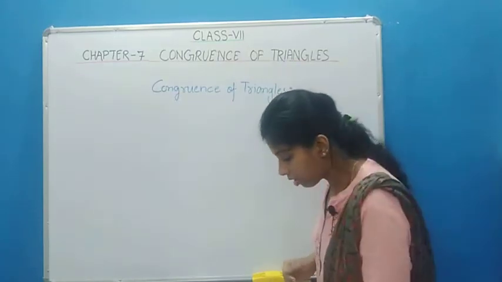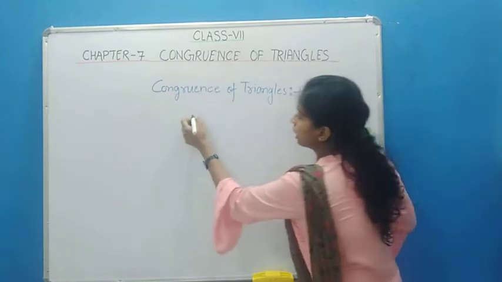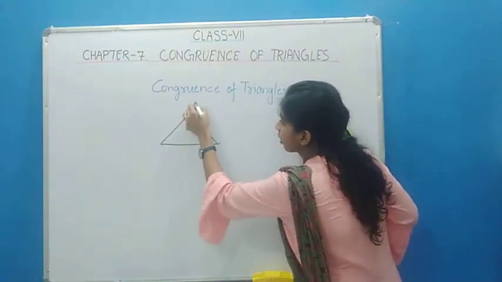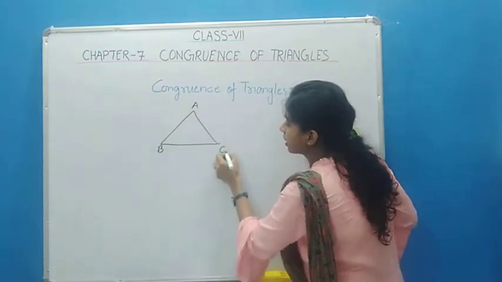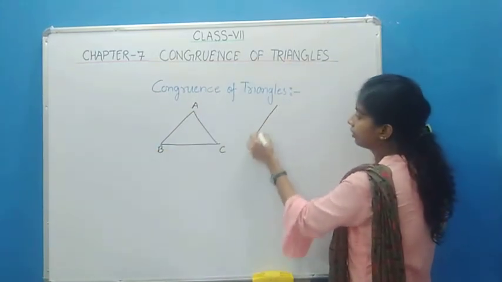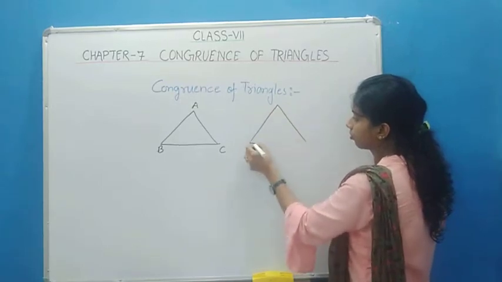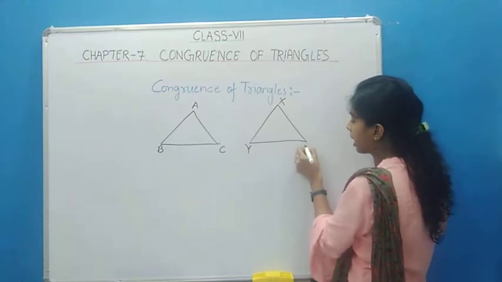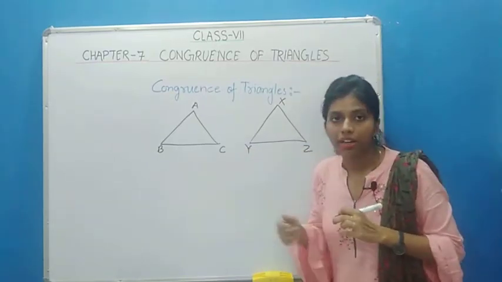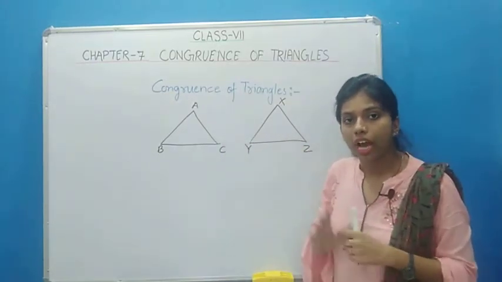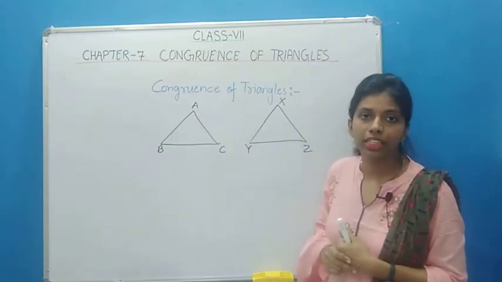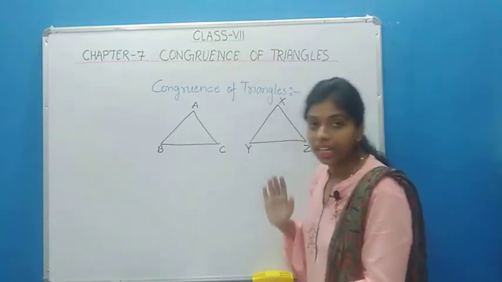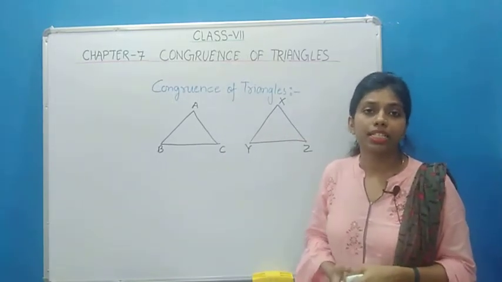Suppose I am taking two triangles which have the same shape. Suppose this is triangle ABC, and another triangle XYZ. These two have the same shape. Now to become congruent, all the measurements must be equal.